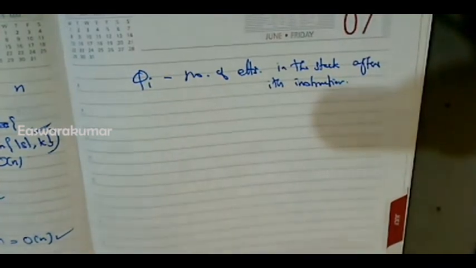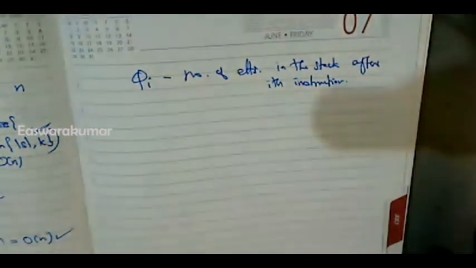So the instructions are push or multi-pop. We are pushing some elements or popping out some elements. After that, how many elements are in the stack? That is what pi i is.